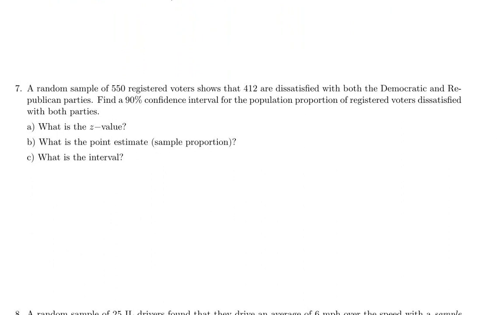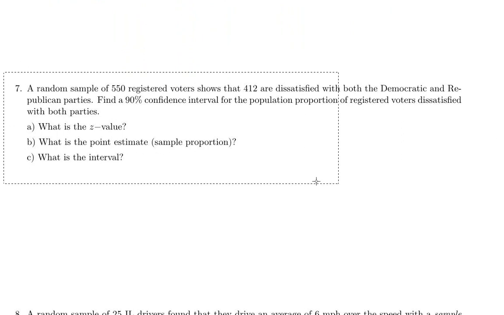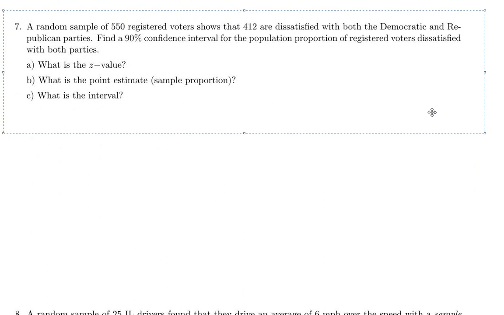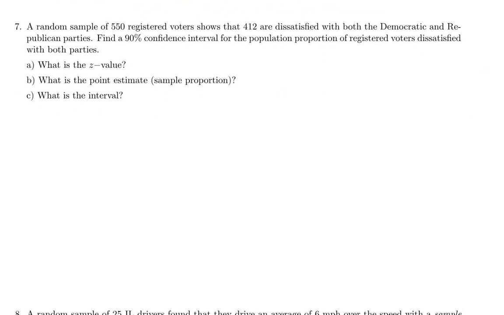And then number 7. Here we're actually going to do some computing. So we've got a random sample of 550 registered voters. That is going to be our N sample size. It shows that 412 are dissatisfied with Democratic and Republican parties.